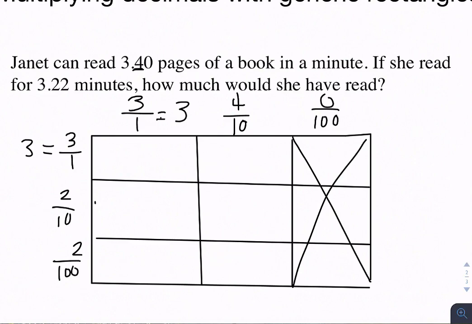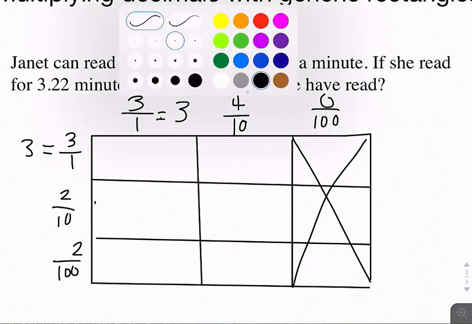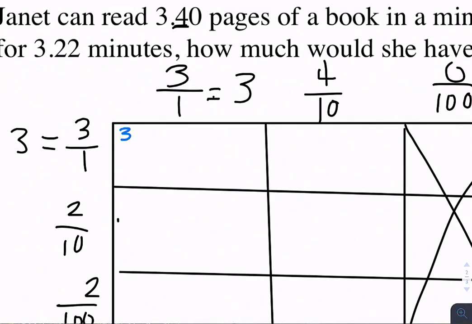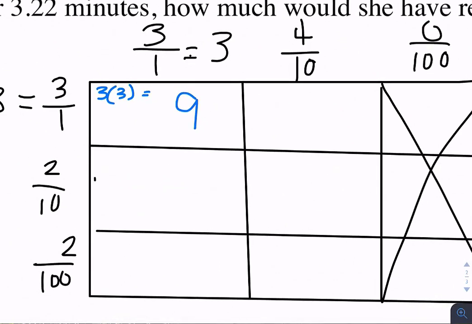So now I can use my great multiplication skills to get these answers. In this box we have 3 times 3, which is 9 wholes. Here we have 3/1 times 2/10, which gives us 6 tenths.